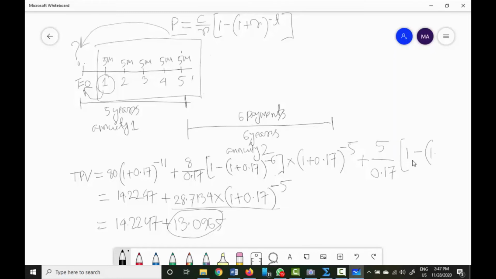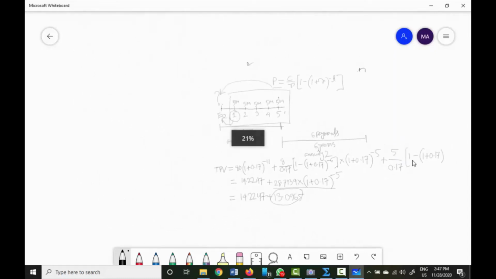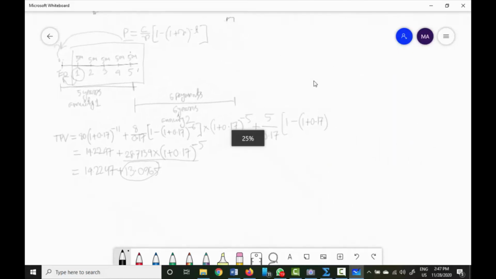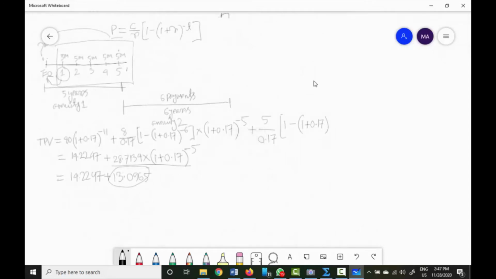So 1 minus (1 plus 0.17) power, we have 5 cash flows here, 5 years, so the power will be minus 5, right? Now let us calculate this part.